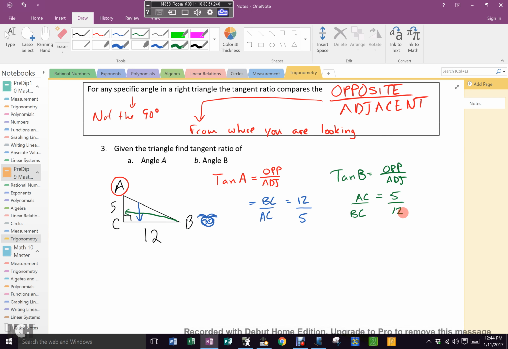Where you are decides what's opposite and what's adjacent. What didn't change when I moved? The numbers, they just changed position. And what in the triangle didn't change no matter where I was standing? The hypotenuse, right? Because no matter where I am, the hypotenuse is always the hypotenuse. Everybody cool? All right.